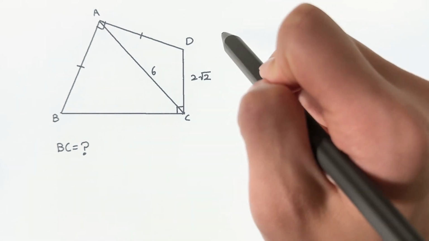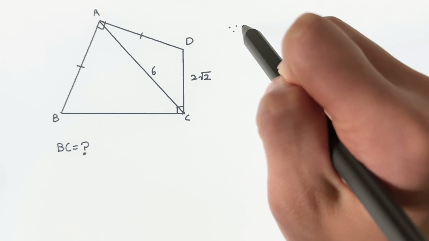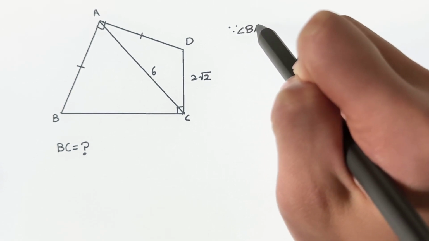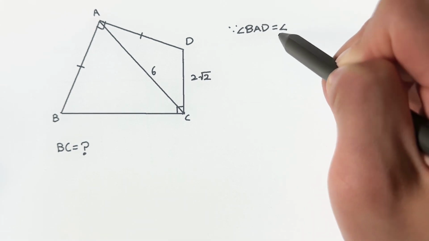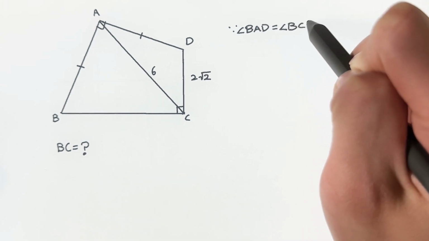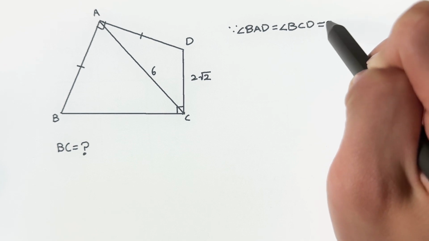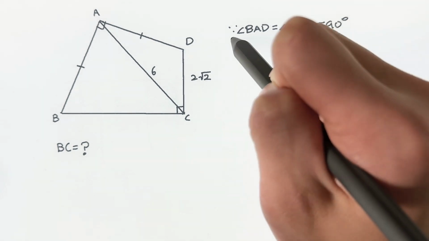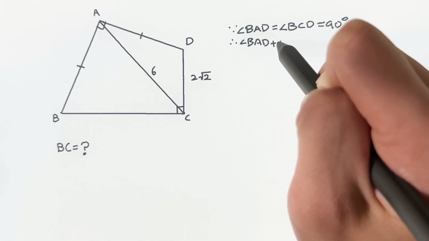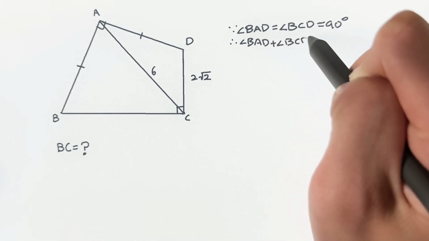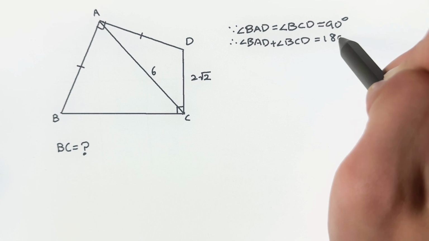First of all, since angle BAD equals angle BCD equals 90 degrees, angle BAD plus angle BCD equals 180 degrees.